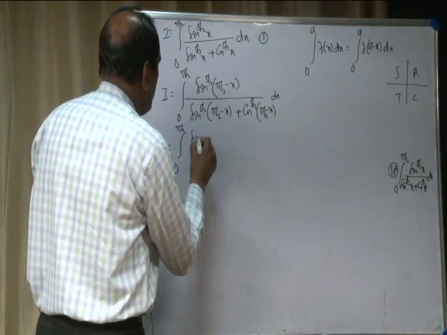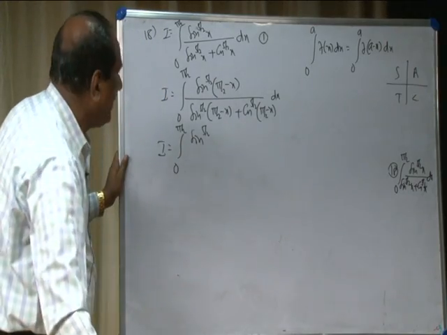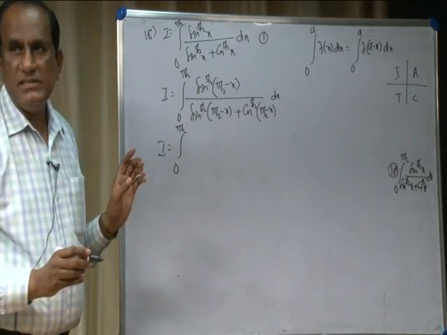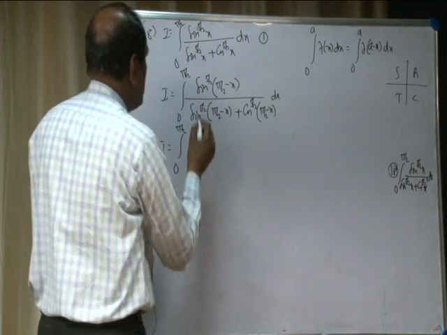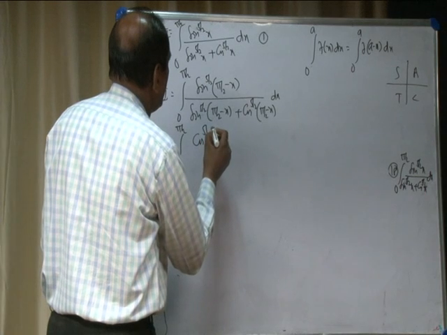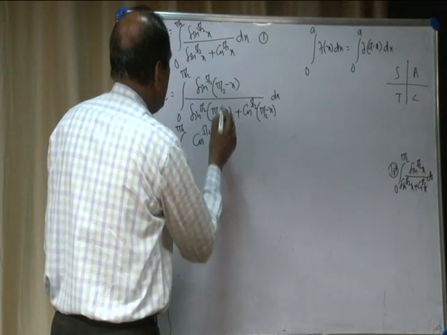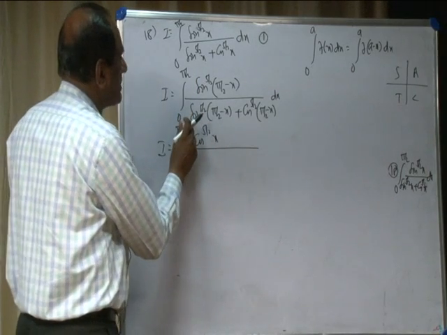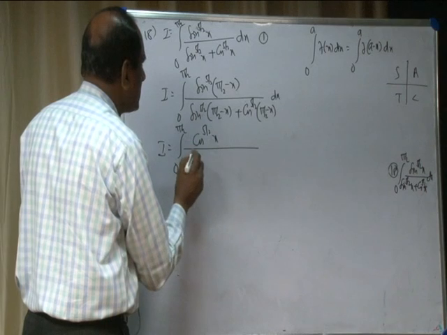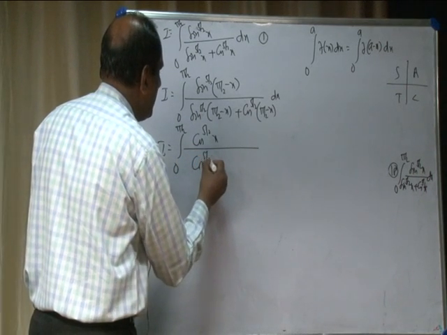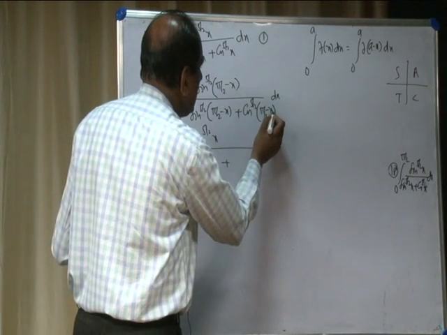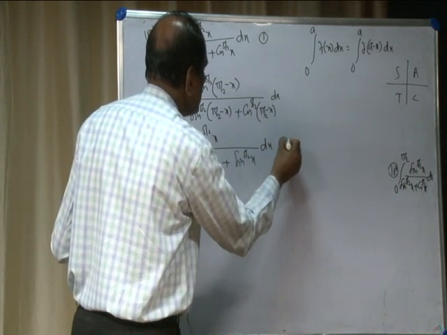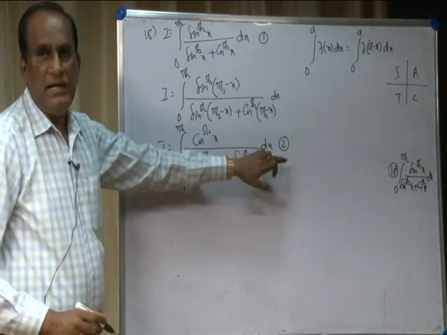Now, sin power 5 by 2 of 90 minus theta: the function is positive and changes from sin to cos, that is cos power 5 by 2 x, divided by cos power 5 by 2 x plus sin power 5 by 2 x, the variable of integration being dx.